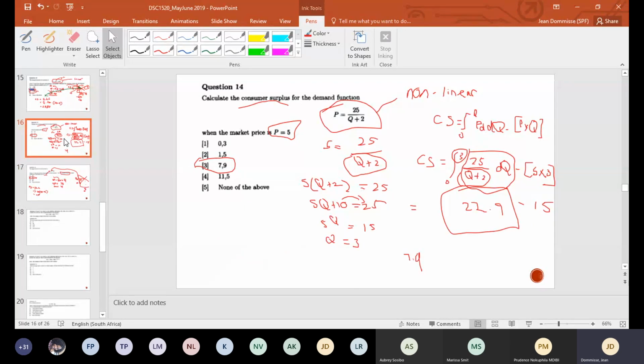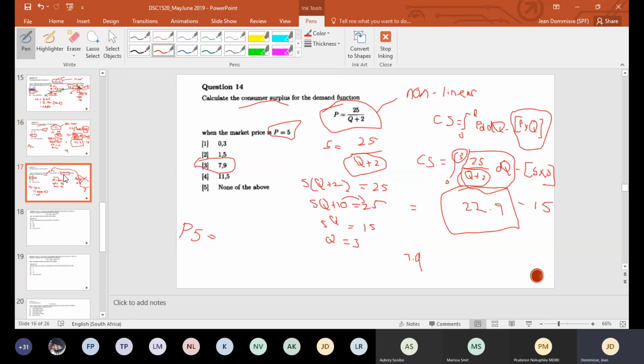If we needed to work with this function and you needed to do the producer surplus, the only difference would have been that there would have been a different formula nearly, but the producer surplus one would have been that minus that. So it would have just been the opposite.